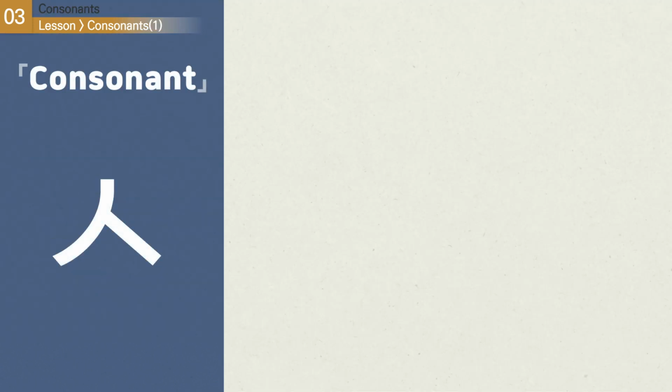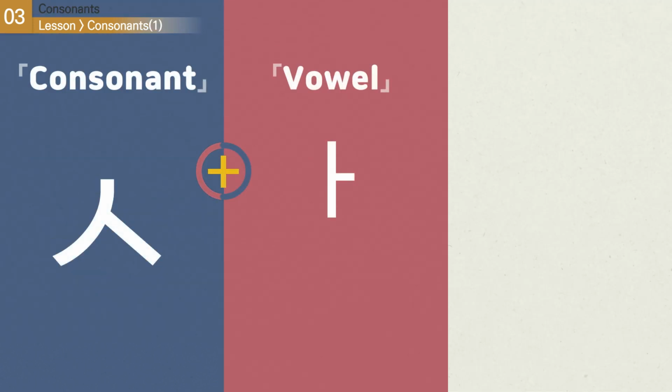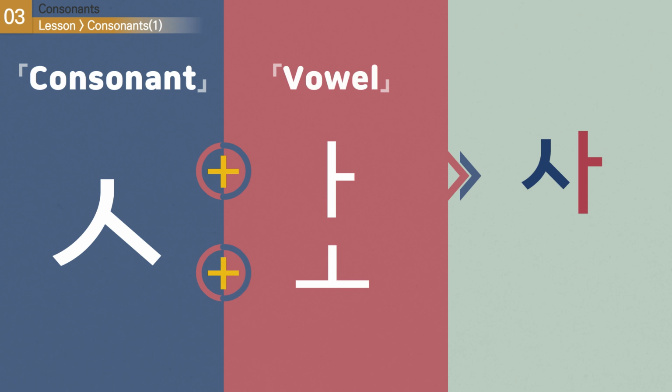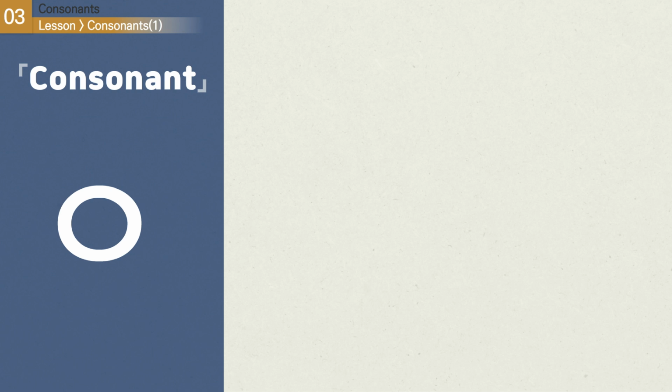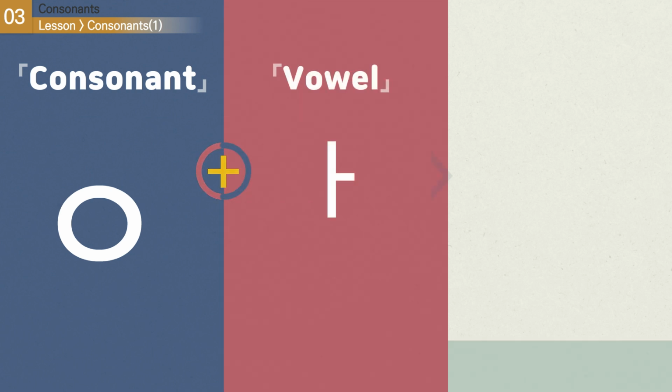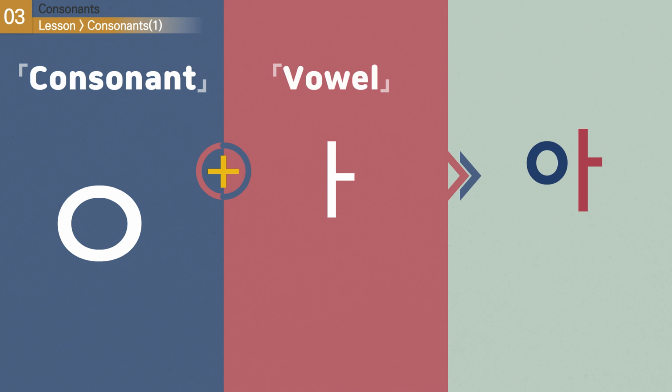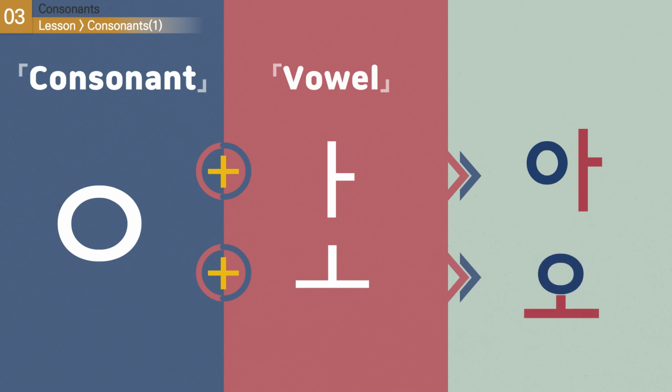Combining the consonant 시옷 and vowel a makes 사. Combining the consonant 시옷 and vowel o makes 소. Combining the consonant 이응 and vowel a makes 아. Combining the consonant 이응 and vowel o makes 오.